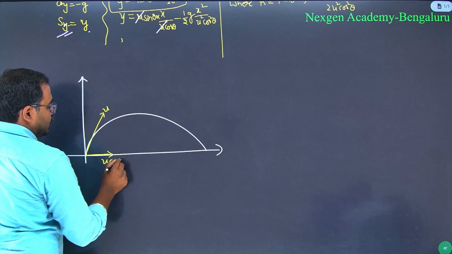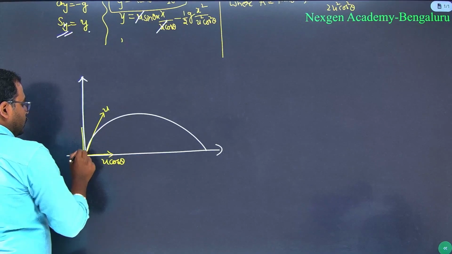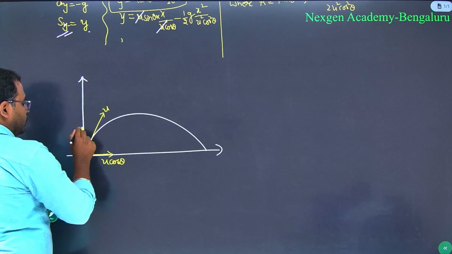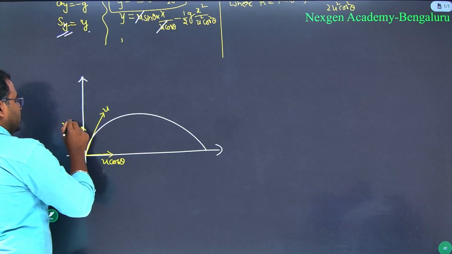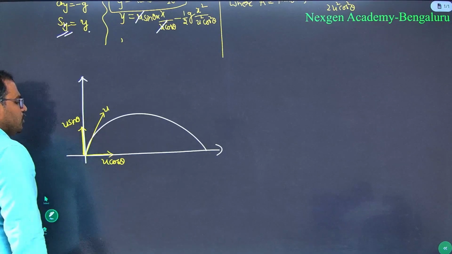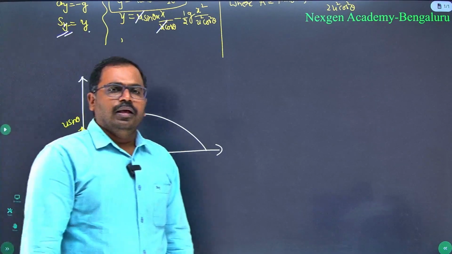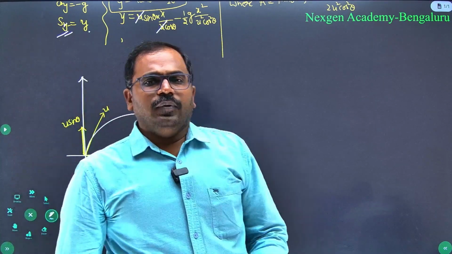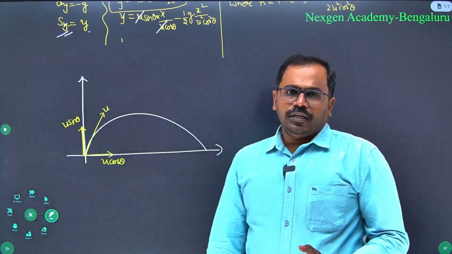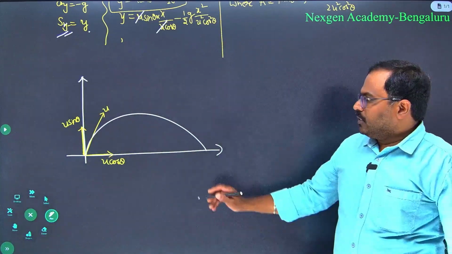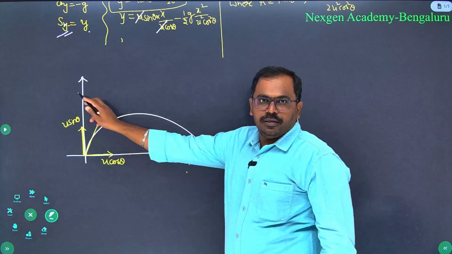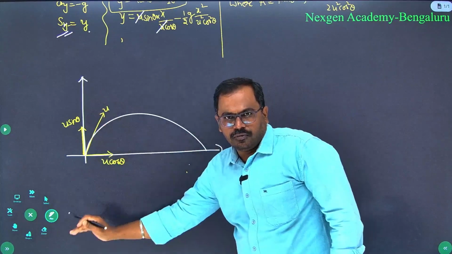This one is the horizontal component, u cos θ, and this is the vertical component, u sin θ. Now, this vertical component has acceleration. As a result, the velocity in the vertical direction continuously changes. The velocity is in the upward direction, and the acceleration is in the downward direction.